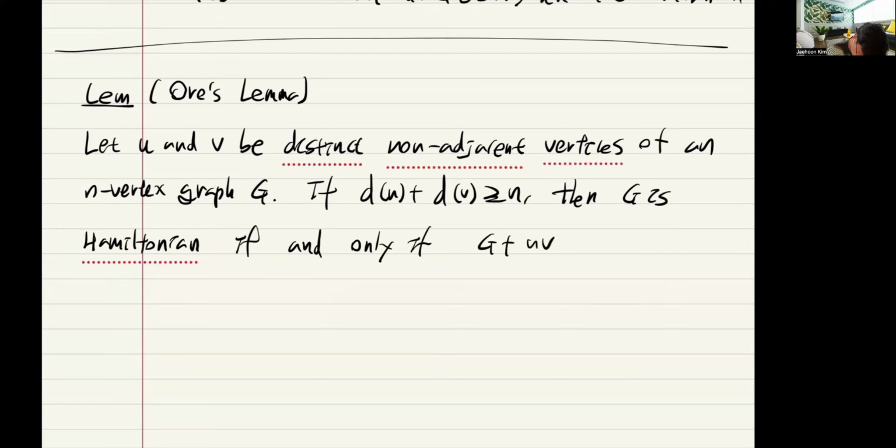If you add this edge uv, this is Hamiltonian.